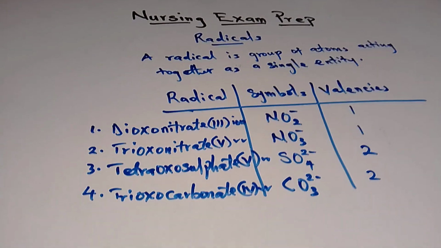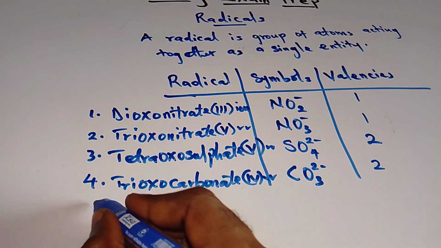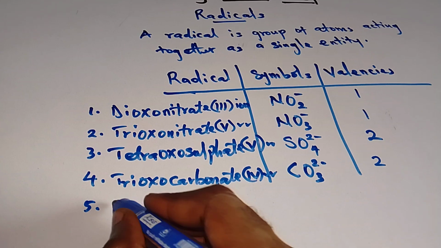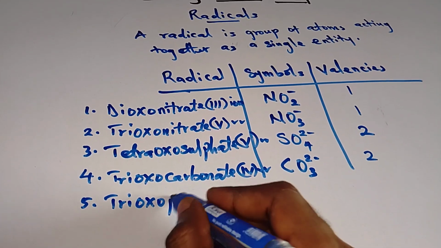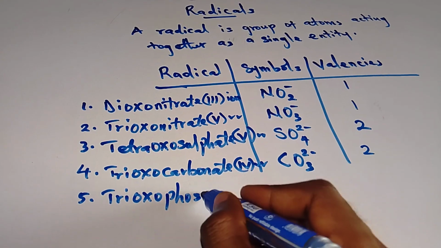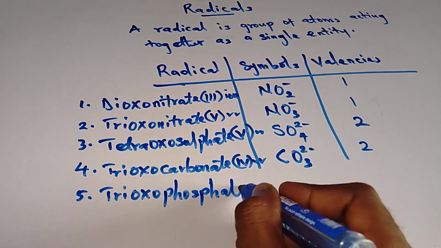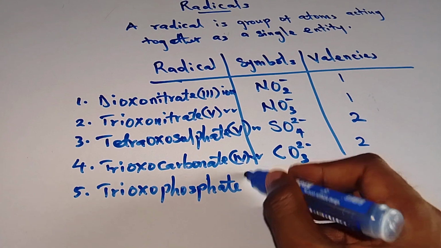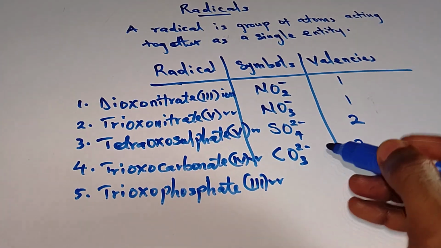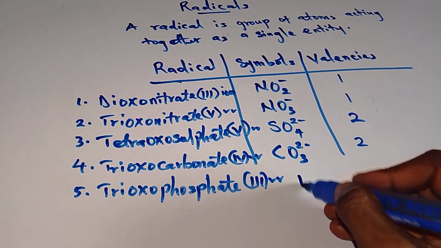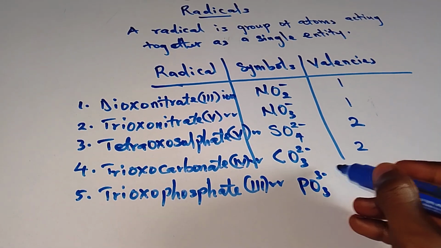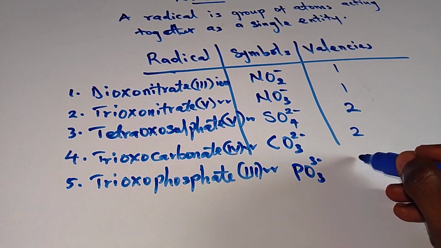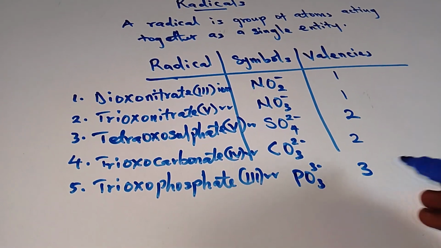Then we have trioxophosphate 3 ion, whose symbol is PO3 3-. So the valency is 3.